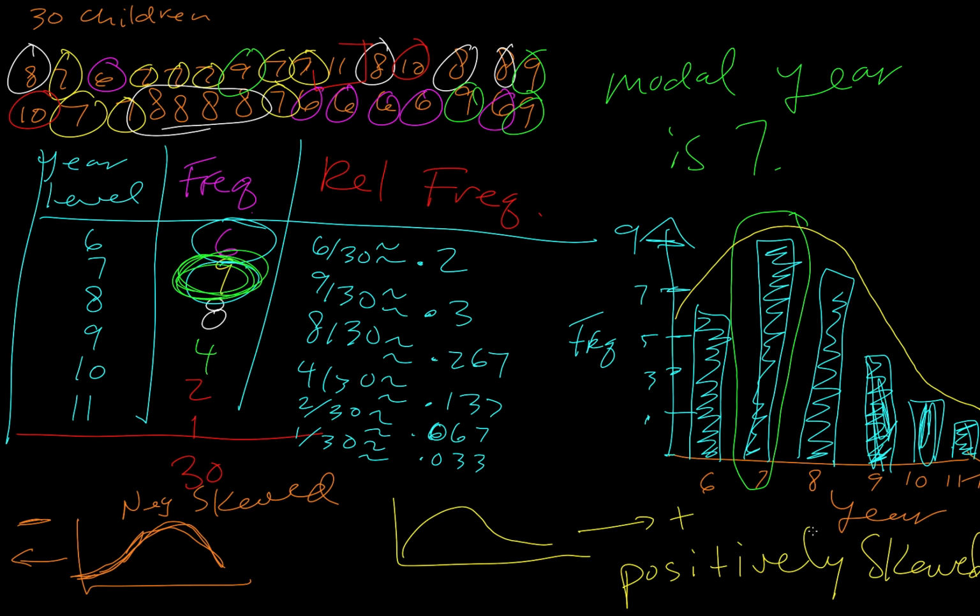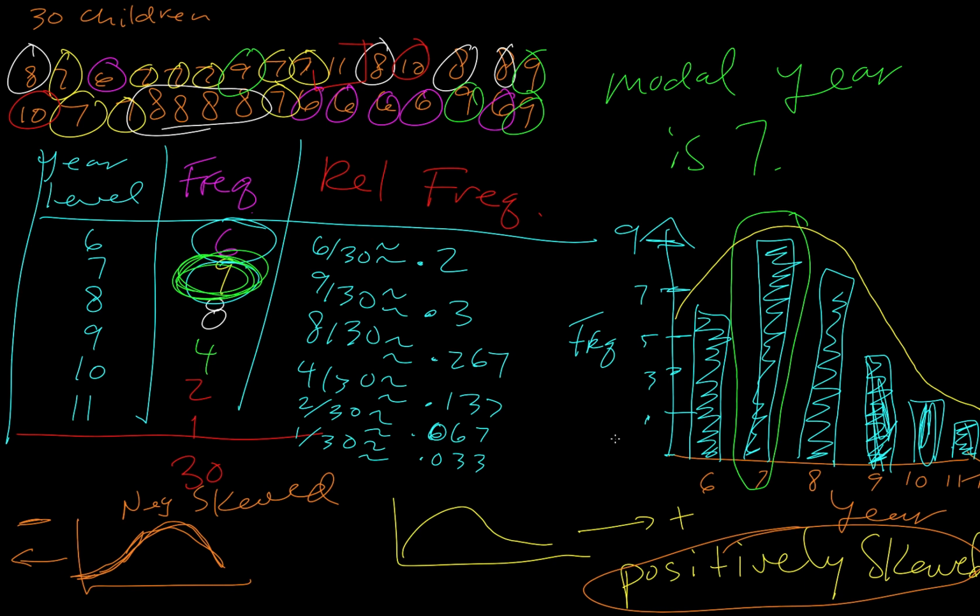But for our data, it's this situation, positively skewed. And there are no outliers on that. So outliers would be things that are like way out there. So if we had like a 27th grade student, or if we had like a kindergartner, that would be considered an outlier because it'd be way over here.